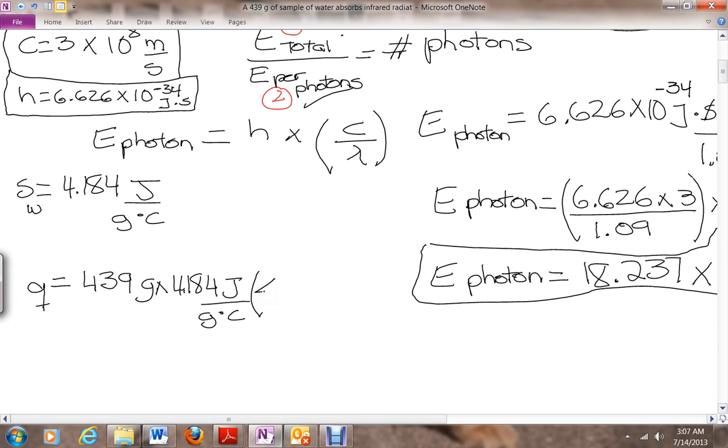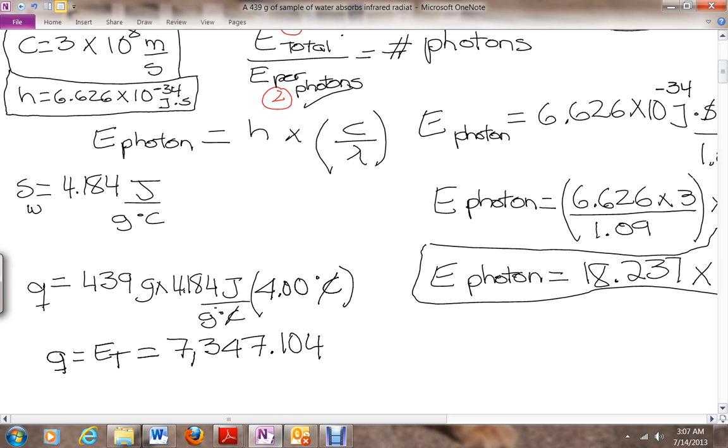So we plug in here 4.00 degrees Celsius. And this Q, which is going to be the total energy, is equal to the value I got, 7,347.104 joules.